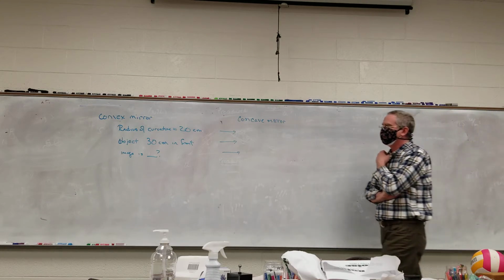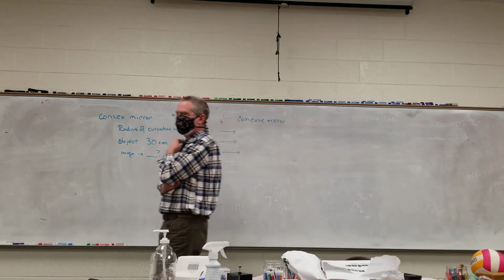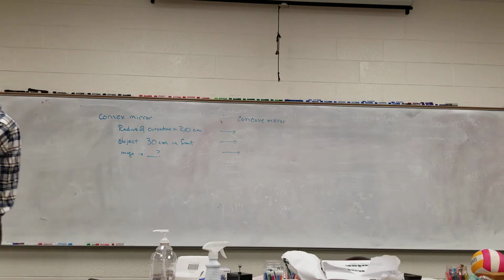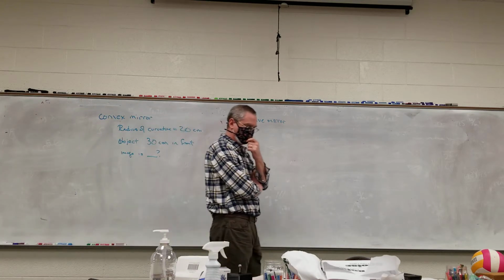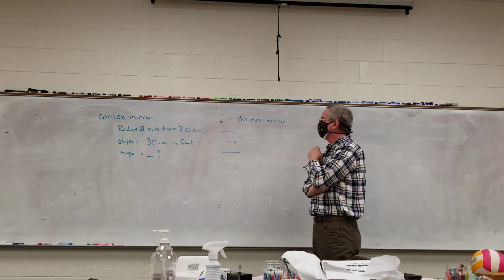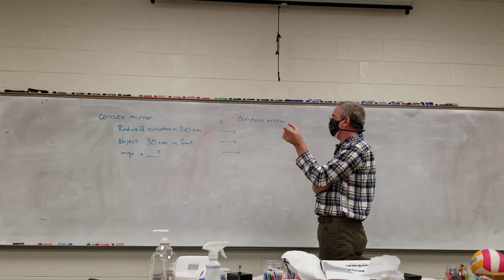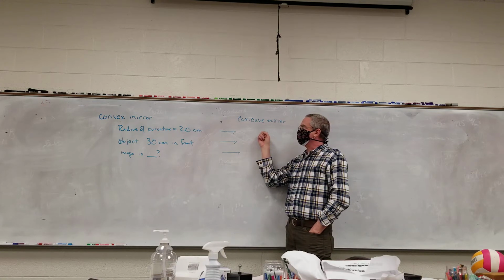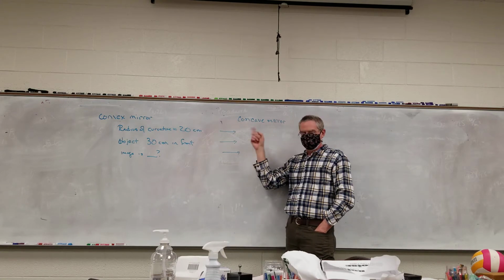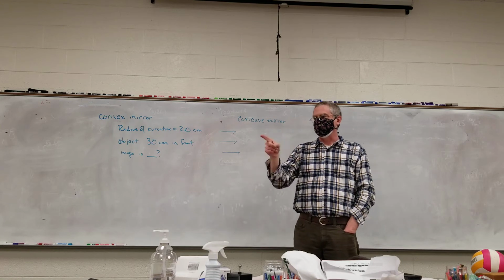So putting it as 10 was correct for the convex? Yes. For the concave, putting it as 10 would be incorrect. Oh, wait a second, I did that backwards. The answer you gave me was for the concave mirror.